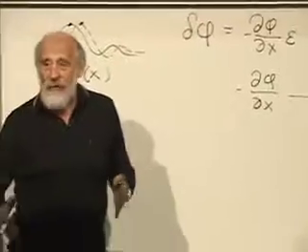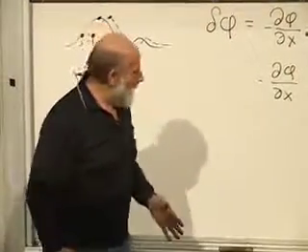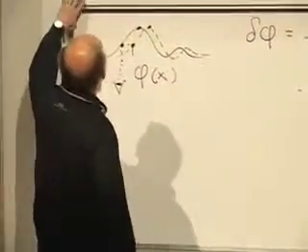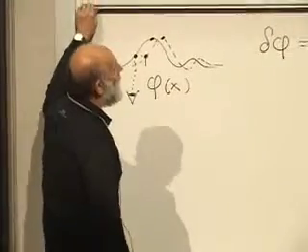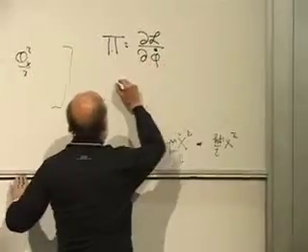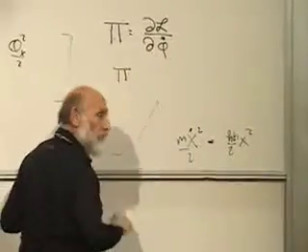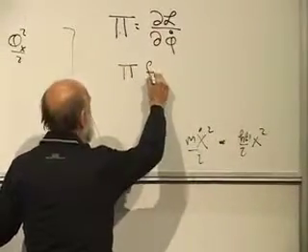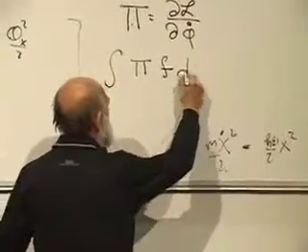Now we can very easily calculate the conserved quantity. Remember what the rule is for the conserved quantity? I erased it off the blackboard, but it's just to take pi, multiply it by f, and integrate over space.